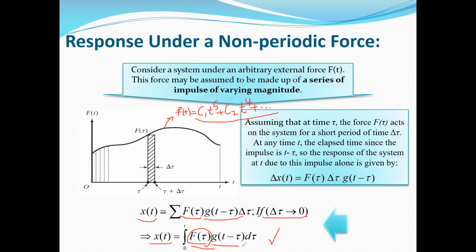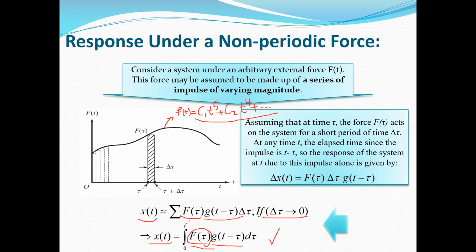And also we have g(t minus tau), which was obtained yesterday, and in the previous example I used this g(t). So you only need to substitute here and calculate this integral using any method.